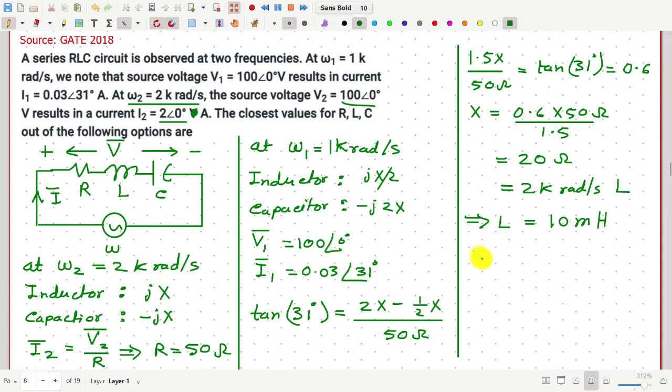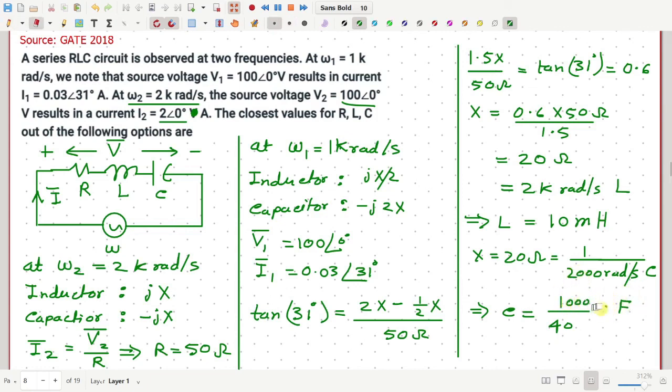So we can write X equal to 20 ohm is equal to 1 by omega C. Omega is 2000 radian per second multiplied by C. So this implies C is equal to 1 by 40 millifarad, or we can write this is 1000 by 40 microfarad, which is equal to 25 microfarad. That is the answer.